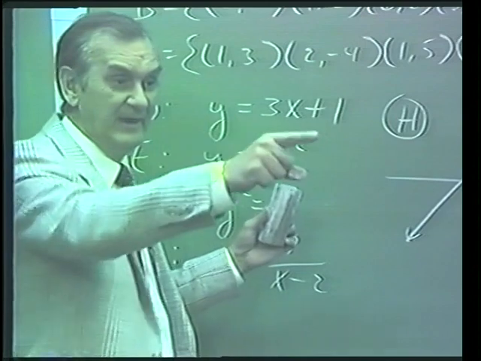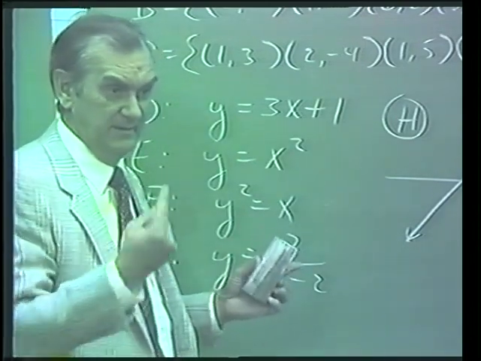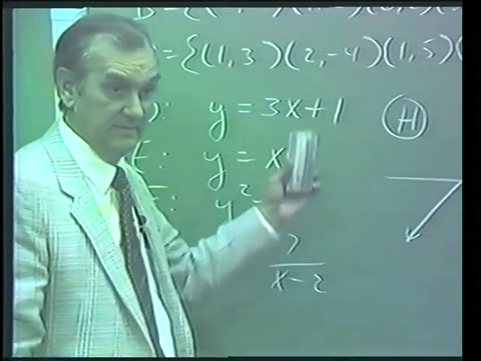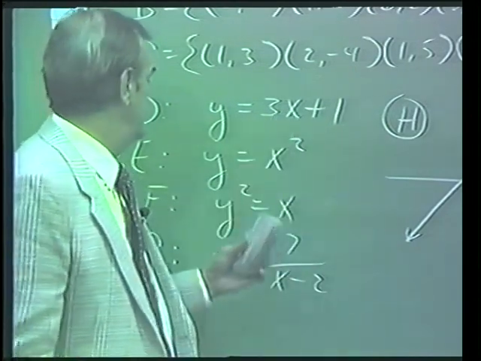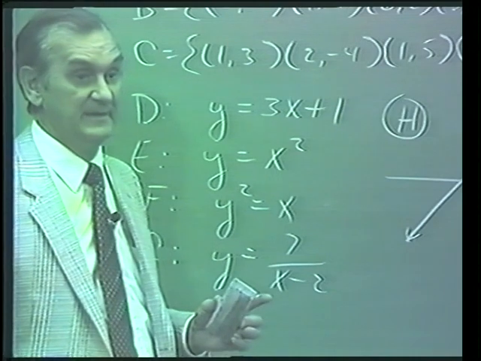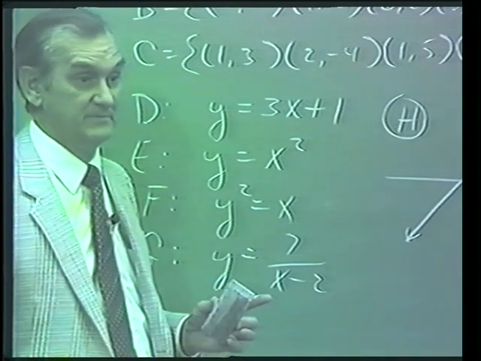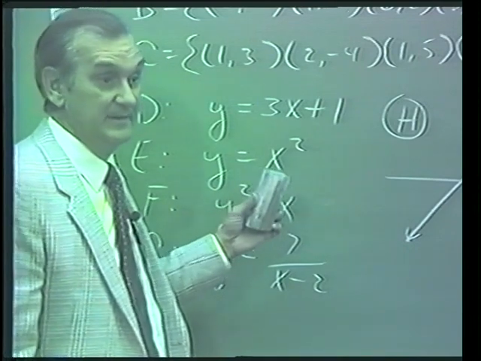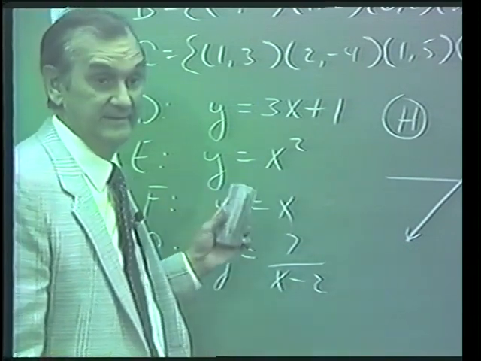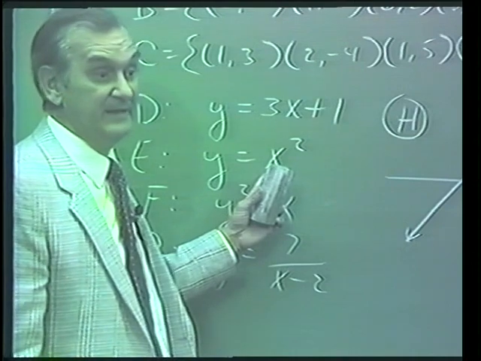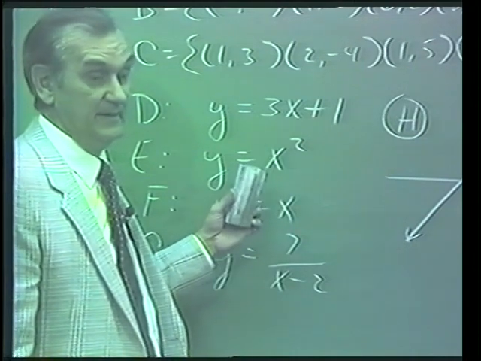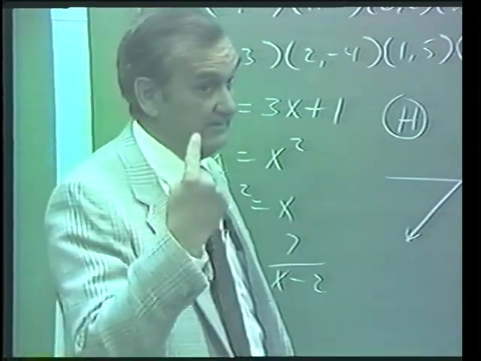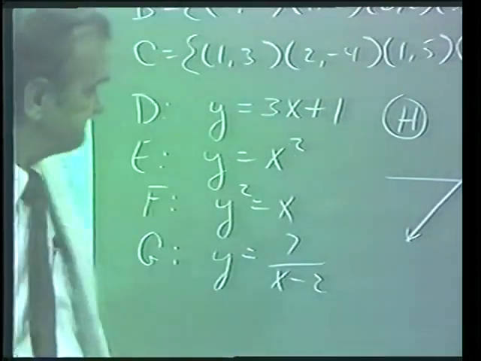No matter what value I throw out there for x, only one value comes back for y. Okay? So, D is a function. How about E? Is that a function? Sure. If x is 2, y is 4. If x is 0, y is 0. If x is negative 3, y is 9. One answer. No matter what I give you for x, you're only going to give me one value for y.